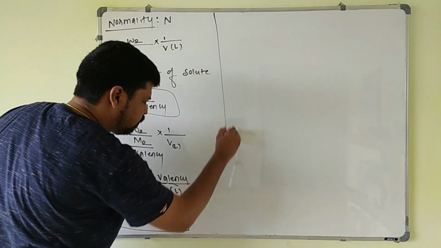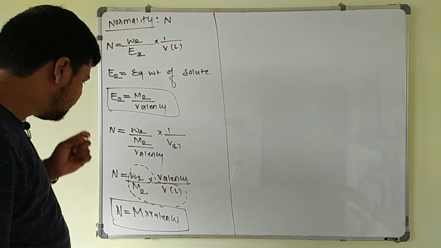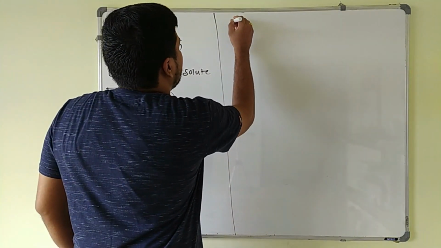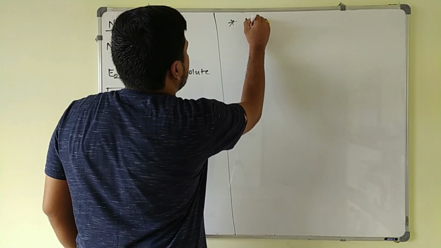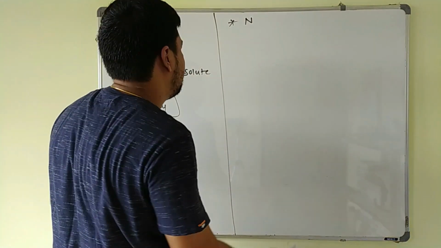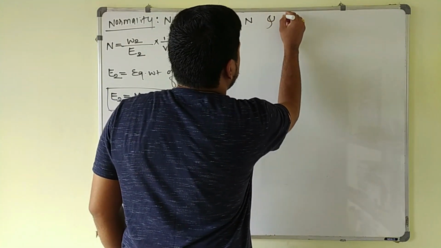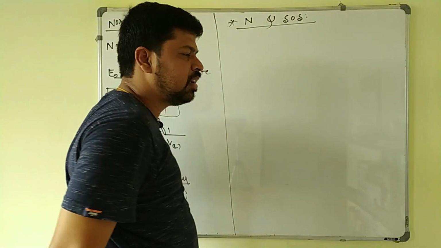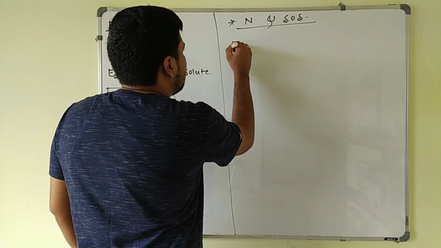Next point. The relation between the normality and the strength of the solution. I will write the next point, normality and strength of solution. Already we have discussed what is the strength of solution, that is SOS here. So what is the normality formula here?